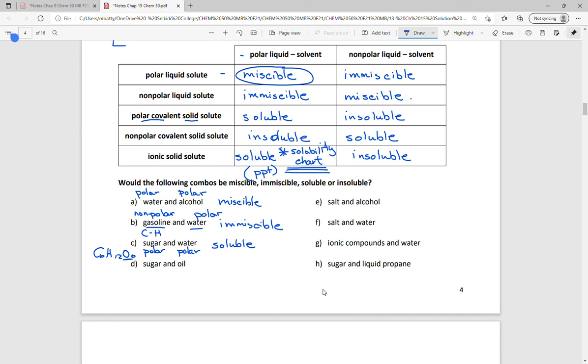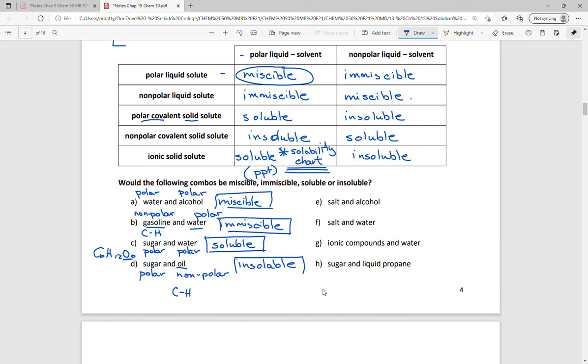Okay, sugar and oil. Have you ever tried this? Sugar in a gas tank, maybe? So we have a polar solid in a non-polar liquid. Oils and gases, they're back into the world of hydrocarbons, and there's equal bonding in here. And so in that one, I would say insoluble. Sorry, got the wrong word. So the key thing here is to get these words out of the concept or out of the example, but I'm trying to give a little bit of the background in there.